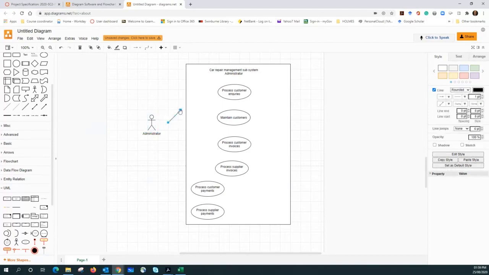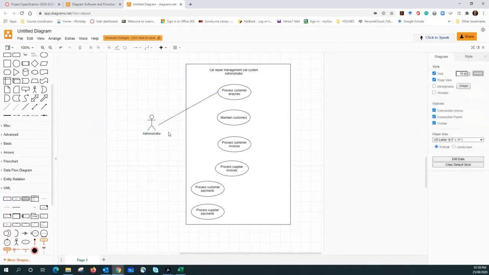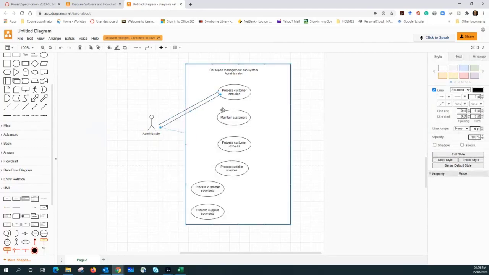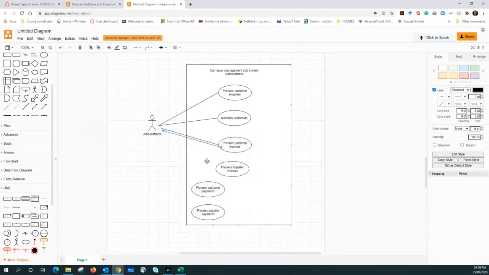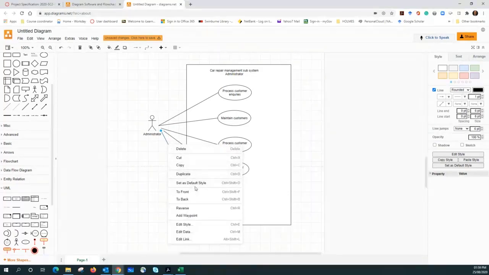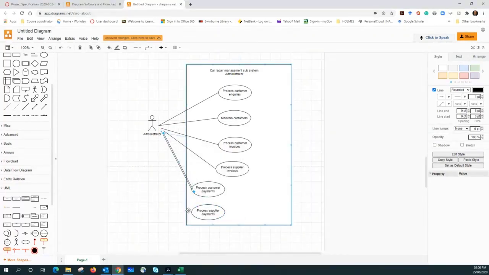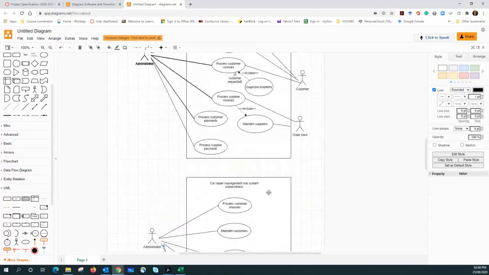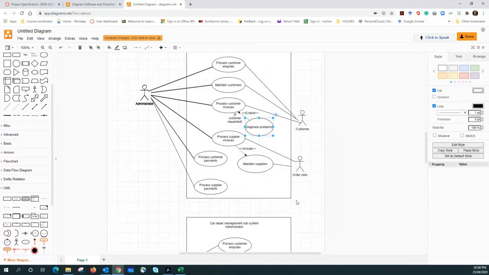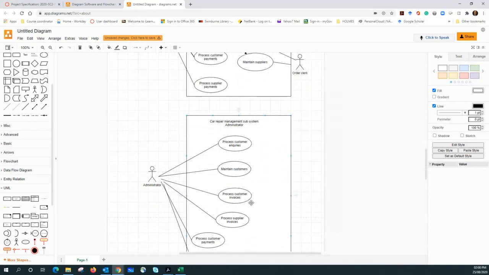And then, right, and then these two. This extend relationship, process customer invoices.